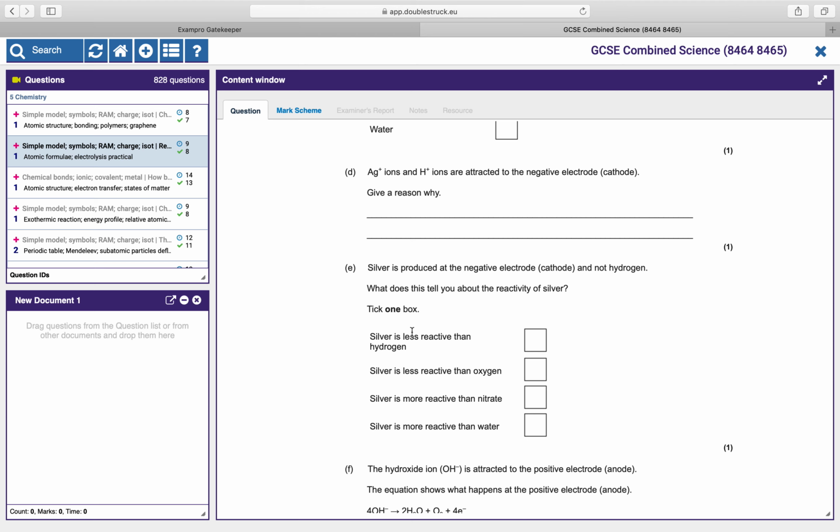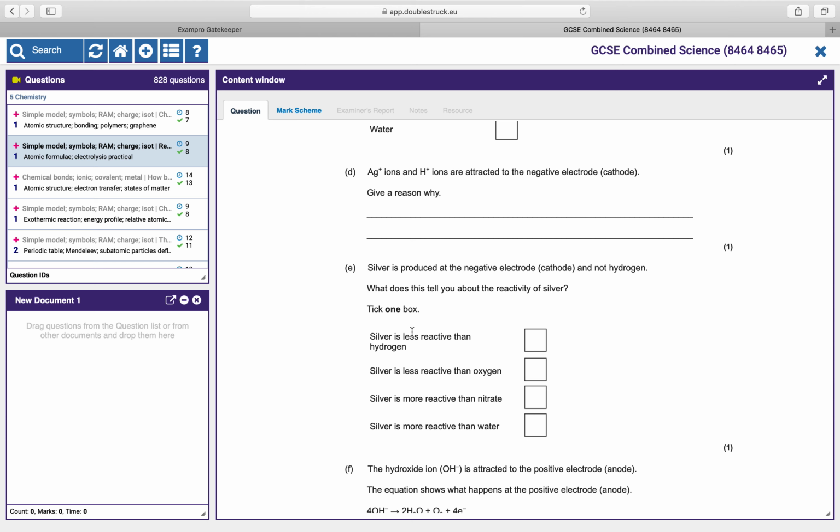If the substance is less reactive than hydrogen, that substance is going to be produced at the cathode. If it's more reactive than hydrogen, then the hydrogen is going to be released at the cathode. It's quite an interesting one.